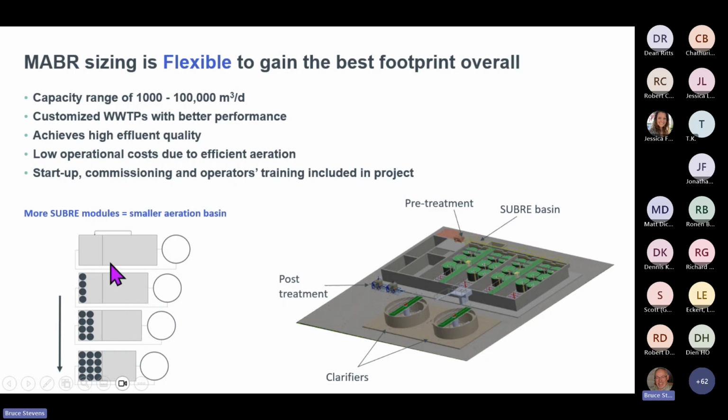And that's the key advantage with using MABRs: you can take up to about 40, 45, 50% of the ammonia nitrogen load out of the plant, depending on how many MABR towers or zones you put into the beginning of the facility, and then reduce the volume of the aerobic SND side. So that's the pure advantage of it, and that's the way we like to try and optimize it for all of our clients.